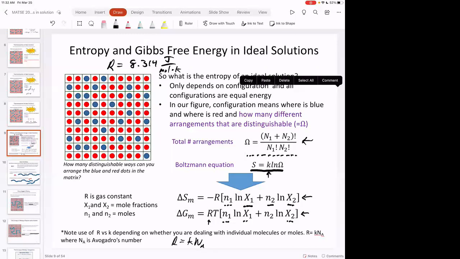That's really interesting because now R at its core is really a unit of energy or a descriptor of how much energy is available at a given temperature, just like K is. And that's why we talk about KT, the molecular energy available at a given temperature. R times T gives you joules per mole. That's really interesting. It tells you how much energy is around at a given temperature. So think about that. That's a really important concept for going between the easy ideal gas stuff.